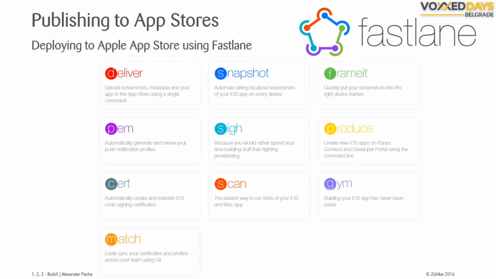So once you have a new version of your iOS application, you have to upload, for example, screenshots, how the application looks like on certain screen formats, and you have to upload them each time you release it. You also have to sign your application, you have to run tests, you have to build it, obviously. And all of these tools, they put it into what they call fast lanes or lanes.